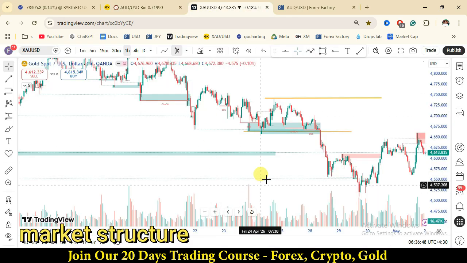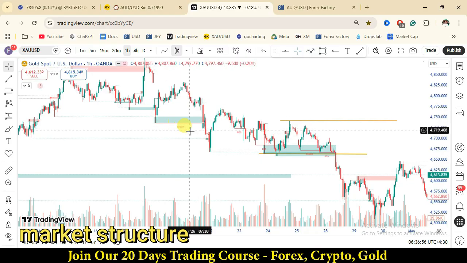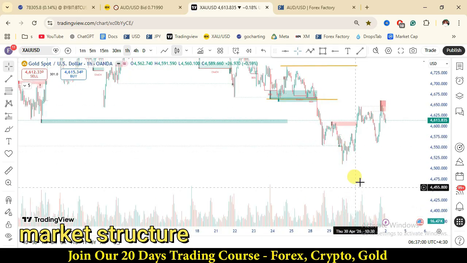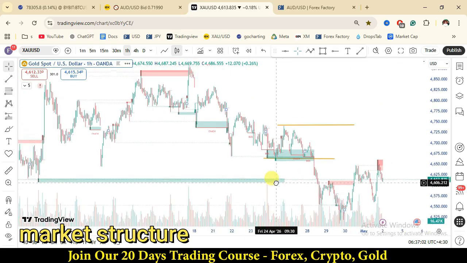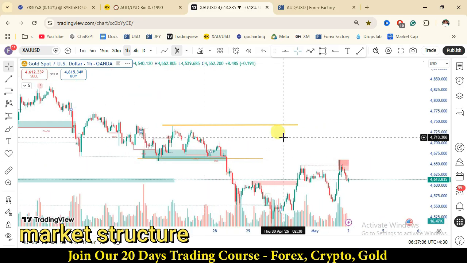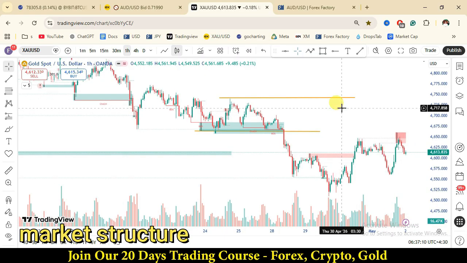I will know. This is a market structure. Here the market changes its character, the change of character, and then the market goes down. When I see the chart, I know everything. This is my chart. Sorry if this chart is not looking very clean, but I'm a trader and this is my chart.